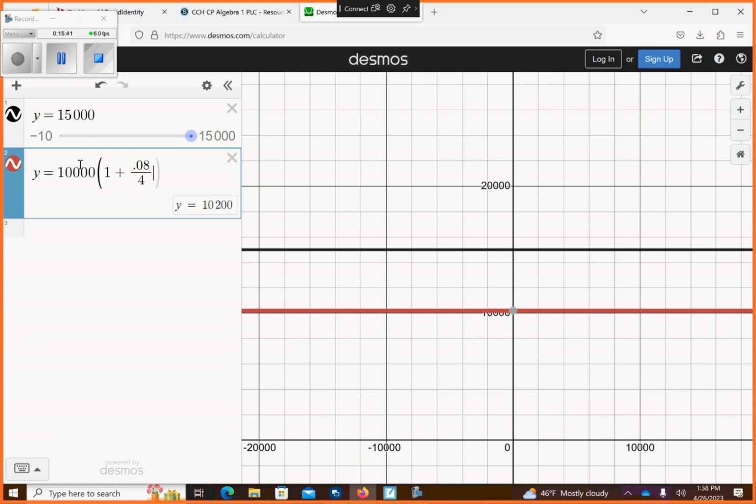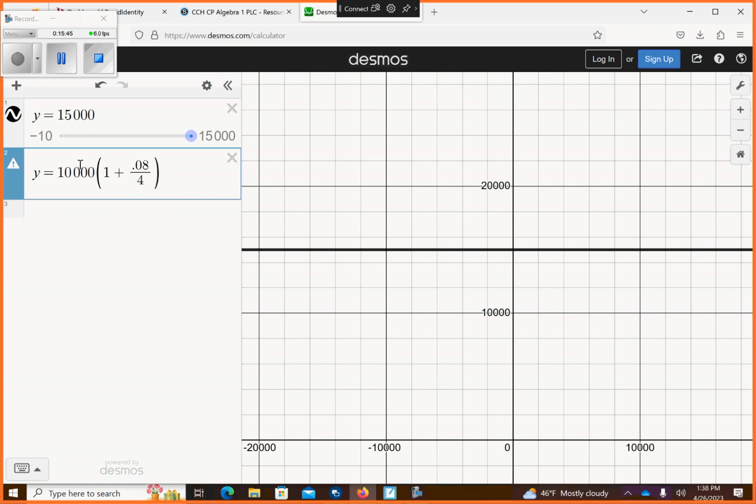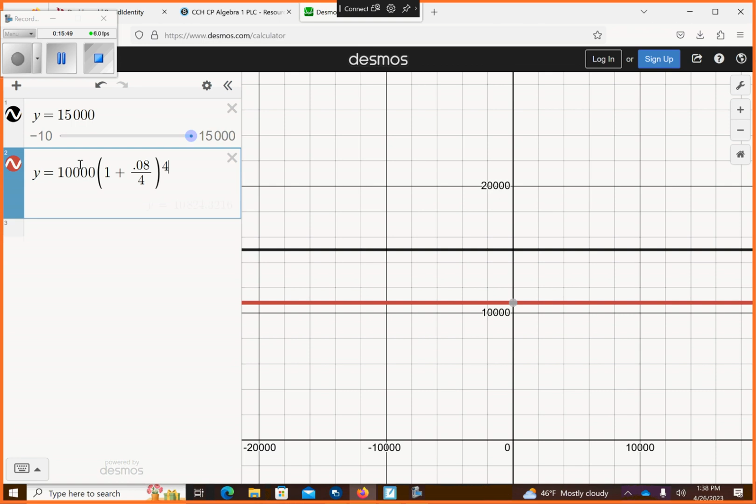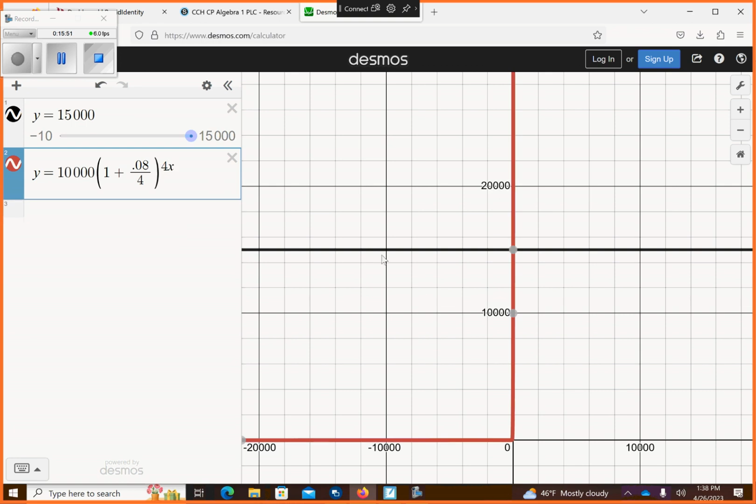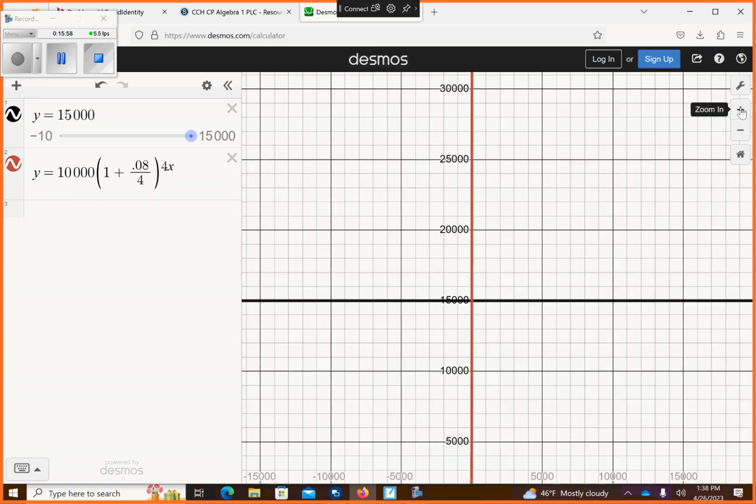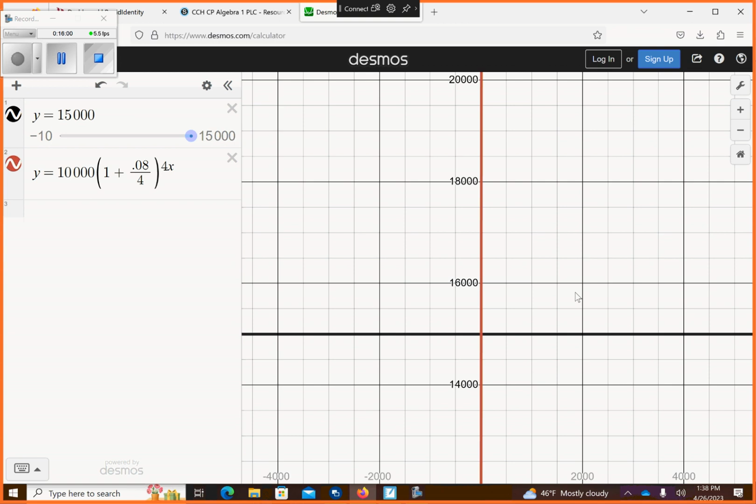And then raise that to the x times 4, or 4x. There's a nice intersection. Let's zoom in and make sure we get this right. If I click that, it looks like it's going to take them about 5.1 years to have the money to where it eventually builds.